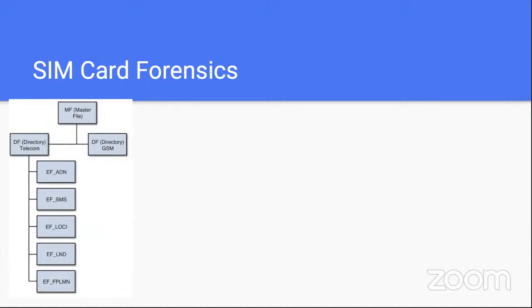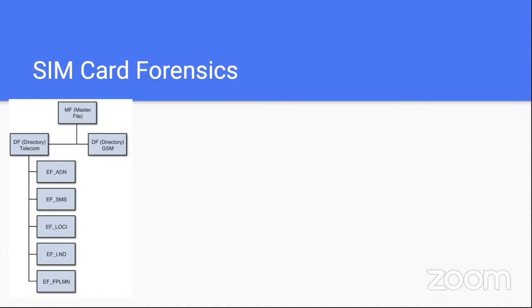Since SIMs are PIN protected, investigators usually have 3 attempts to get the PIN correct before it's locked. And after that, they'll have to get an unlock code from the carrier. SIMs can be cloned, and most software tools are able to clone SIMs.